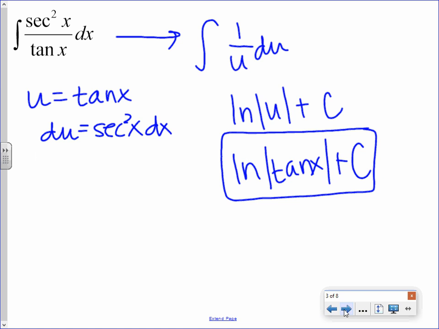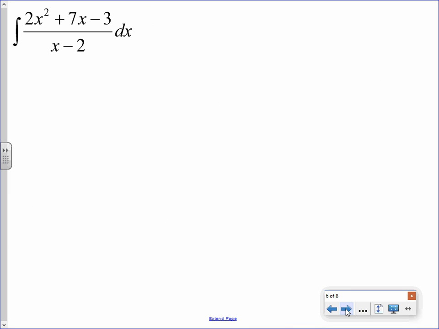That is not the case here, right? If our numerator is bigger, what kind of fraction do we have? Five fourths, 10 halves. We have an improper fraction.